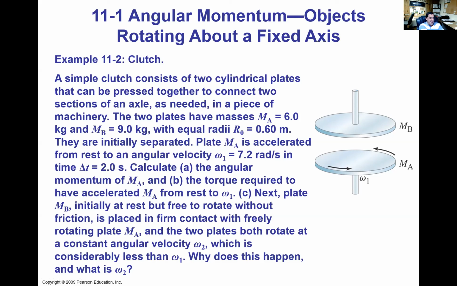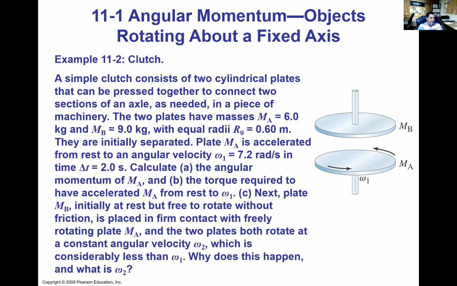So for part A, they want us to solve the angular momentum of plate A. Part B, they want us to solve the torque required to have accelerated the plate from rest to the 7.2 radians per second. And then plate B is initially at rest, but is free to rotate, so it's not held.